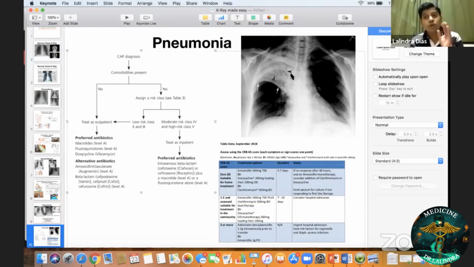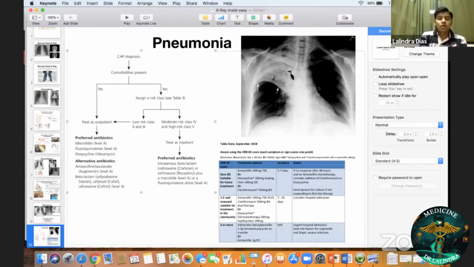But if it is moderate community acquired pneumonia, you must admit to the ward. Even the severe ones, you admit to the ward first. You assess the pneumonia, you assess the saturation, you do arterial blood gas, and then after taking sputum culture and blood culture, you start them on IV best guess antibiotics. So what are the best guess antibiotics again?